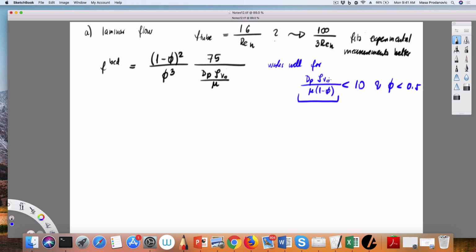What I use doesn't really matter, so why would I use a complex one? Yeah. So why did we assume that R is equal to RH in tubes if we already have it? But R is not RH in tubes. In tubes, RH is R over 2. Because RH is the wetted area divided by wetted perimeter. And for tubes, that's R over 2.